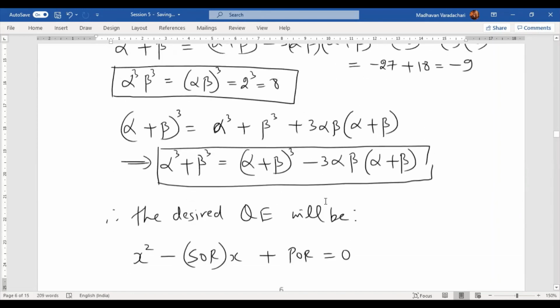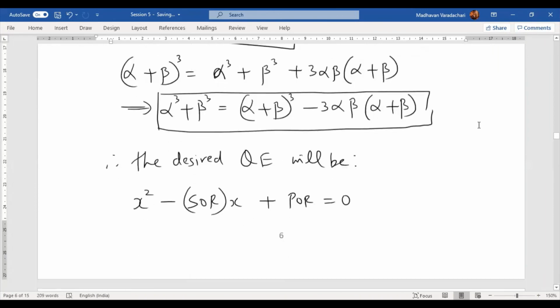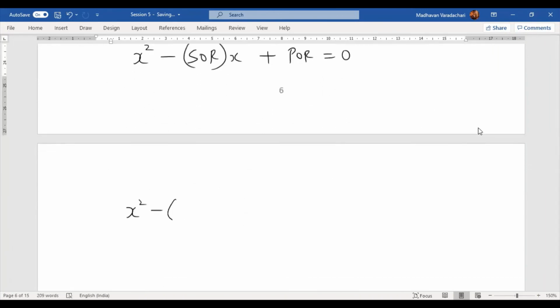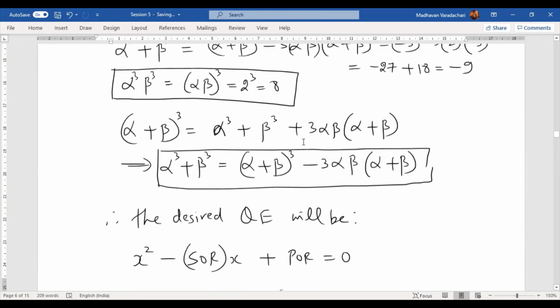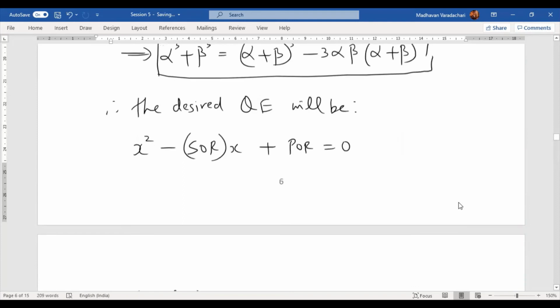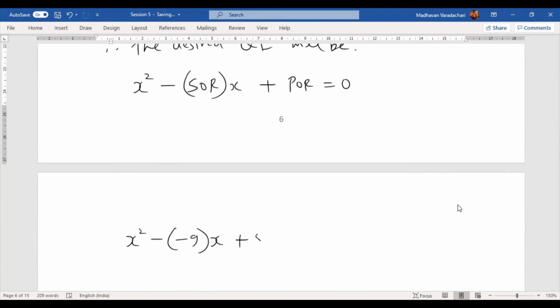Sum of the roots we already calculated. It is negative 9, so minus of minus 9 times x plus product of the roots. Product of the roots is available as 8. So it is 8 equal to 0. Or I can write it as x square plus 9x plus 8 equal to 0. So that is the result for this.